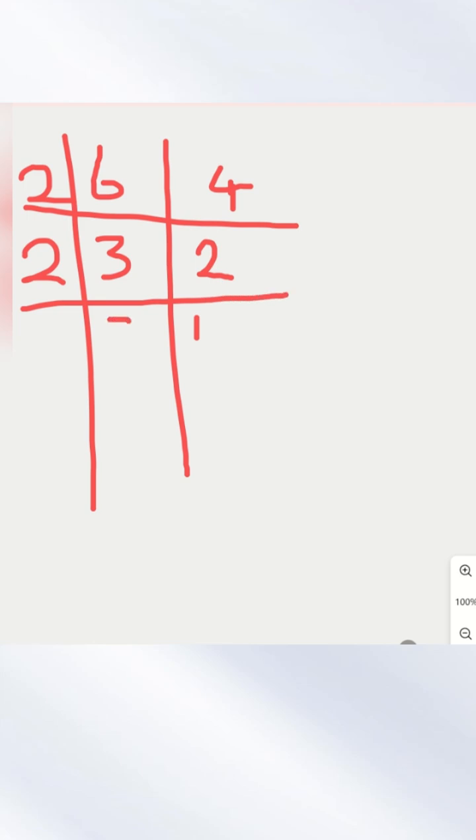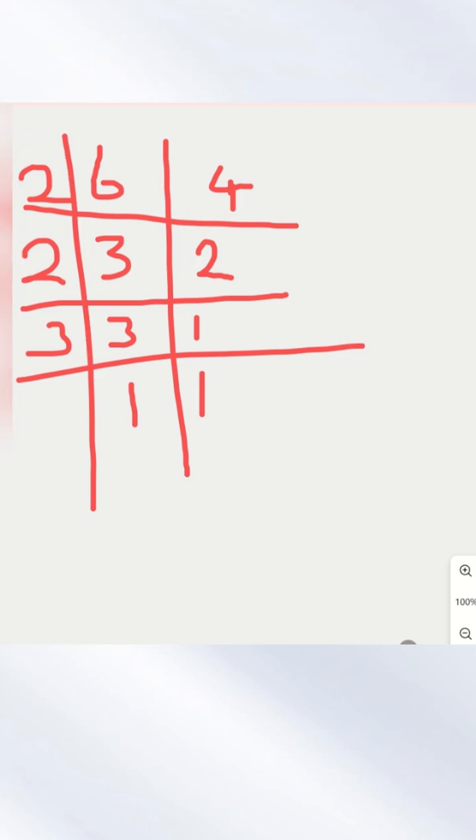So let me bring down my 3. Now what I'm going to use again to divide is 3, because 3 can divide 3. 3 dividing 3 will give me 1, and I'll bring down this 1. So when I got to 1, the number has been divided to the full. So I will multiply all the factors I used to divide them.